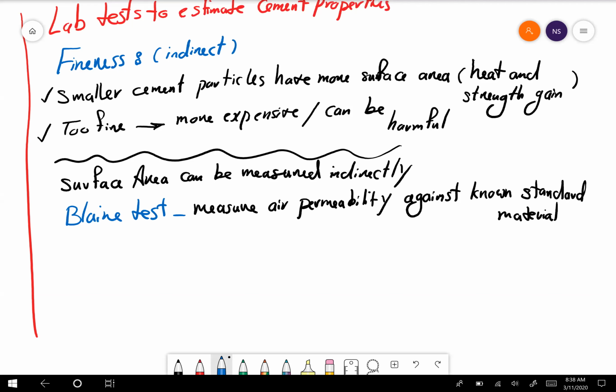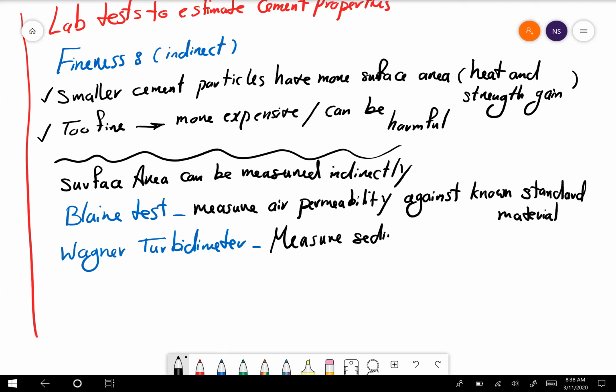And the second test is called Wagner turbidimeter. This is the one that I mentioned that measures the sedimentation rate.